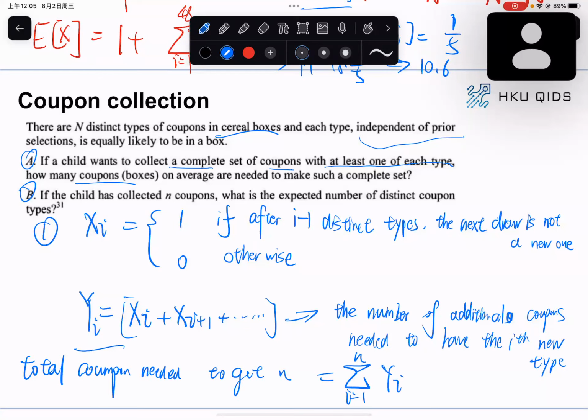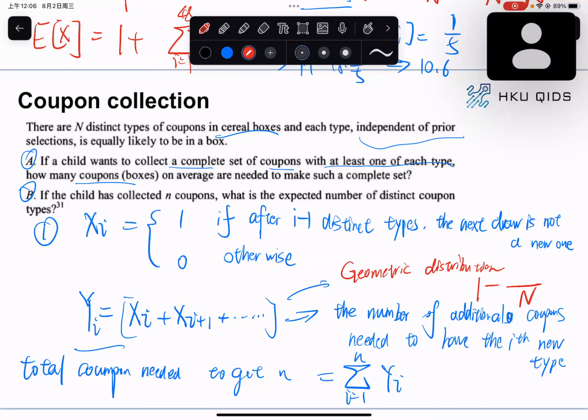And we know that actually Yi follows what? Yi follows a geometric distribution with a winning rate of what? The winning rate is going to be less according to the types we have already seen, right? So at the very beginning, it is just 1, right?